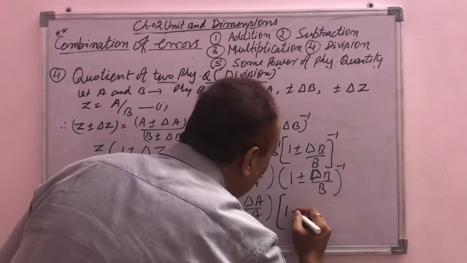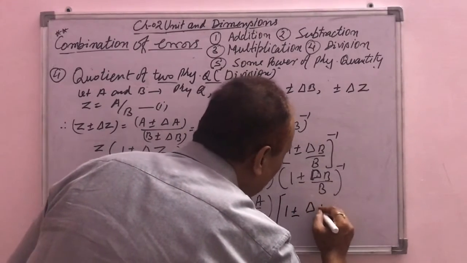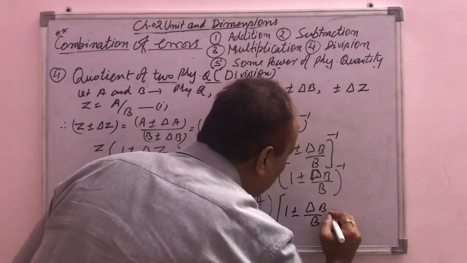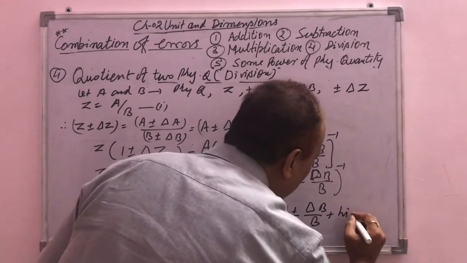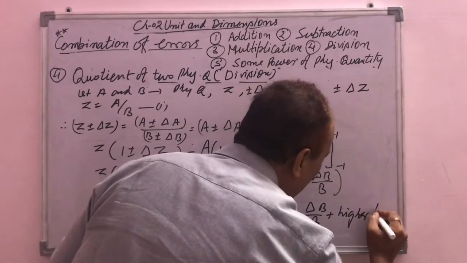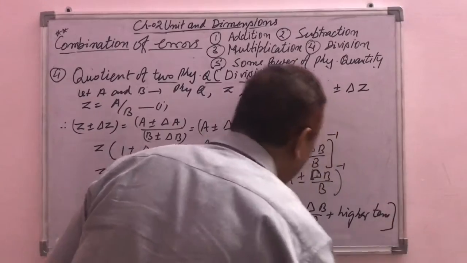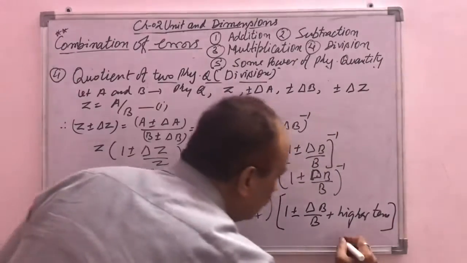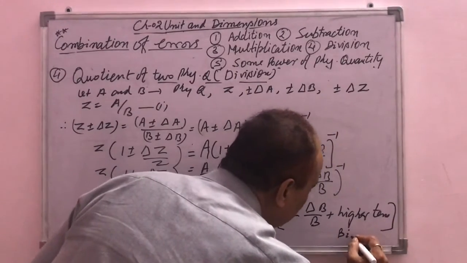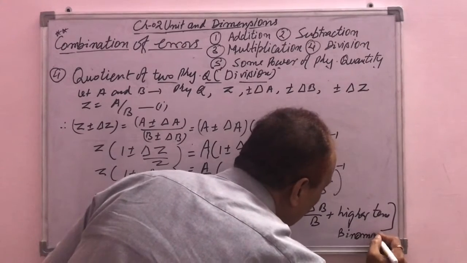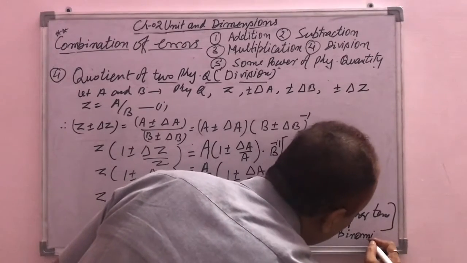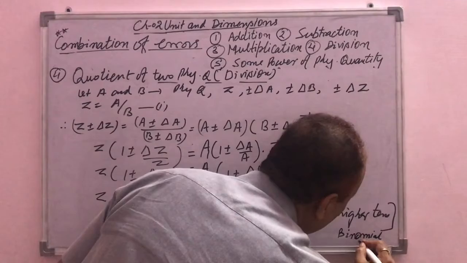So we write here 1 plus minus delta B upon B plus higher terms. This is the explanation of this by using the binomial theorem.